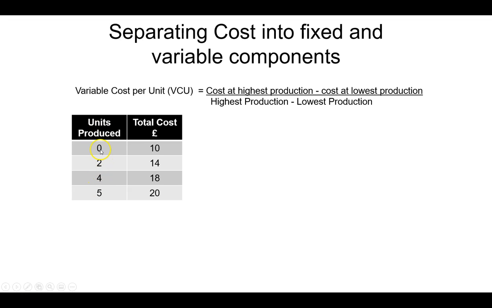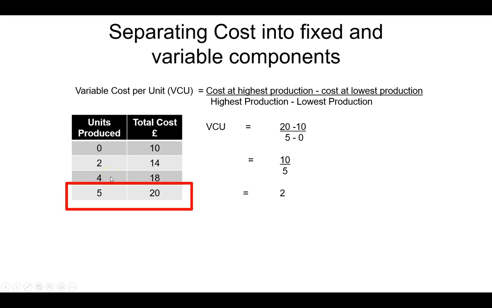To produce 0 is costing us £10. 2 costs £14, up to 5, which costs £20. So here, what is the cost at highest production? The highest production here is 5, and the cost at highest production is 20.